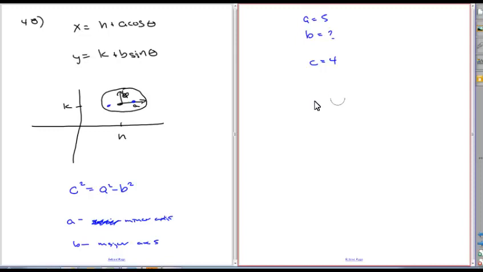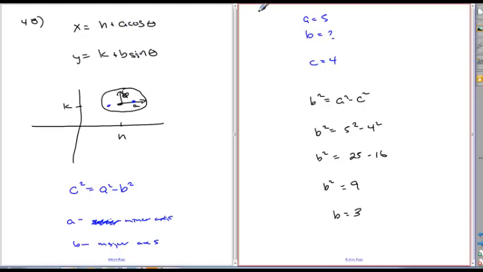We don't know what b is. So we can solve for b. b squared turns out to be a squared minus c squared. So b squared is 5 squared minus 4 squared, 25 minus 16, which is 9. So b squared equals 9. And b is equal to 3.